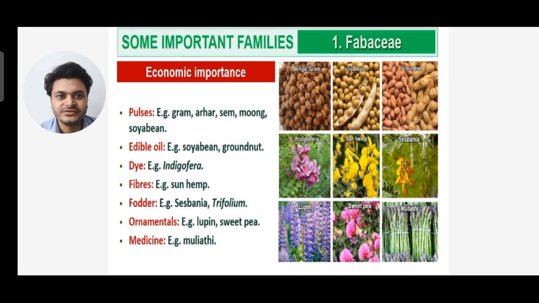Few are fibers, for example sunhemp. Few are fodder, that is Sesbania and Trifolium. Few are ornamental, for example lupin and sweet pea. And few form medicine, that is mulethi. These are the economic importance of the family Fabaceae. You can see the figures on the right-hand side.